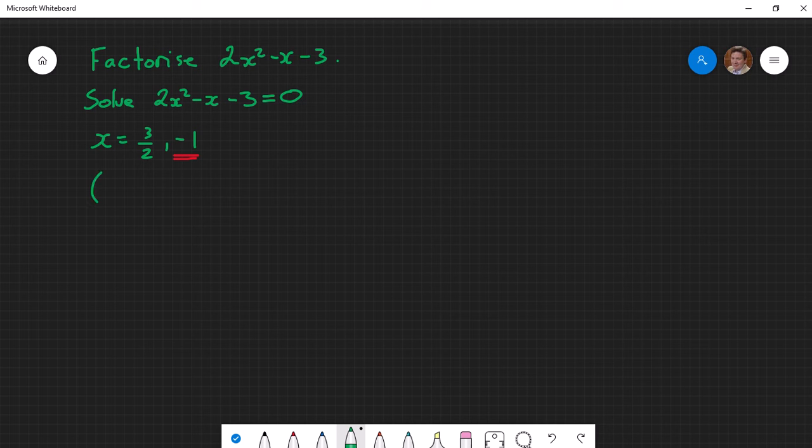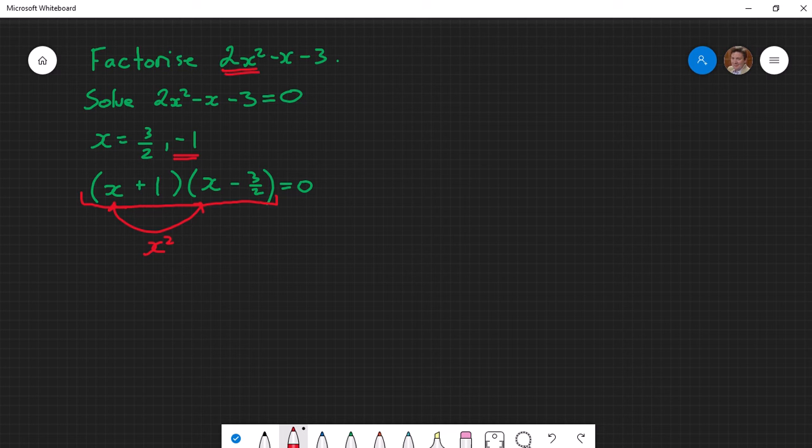So we can imagine a bracket which has value 0 when x is minus 1, x plus 1. Now, is that the factorization that we're looking for? Well, no, because if we multiply it out we get x squared, not 2x squared.